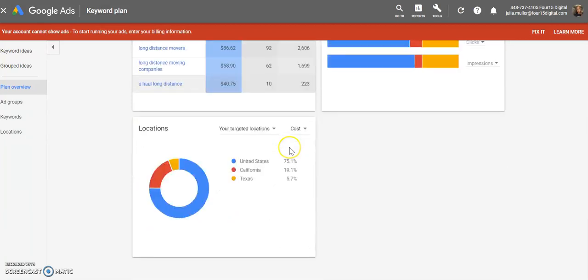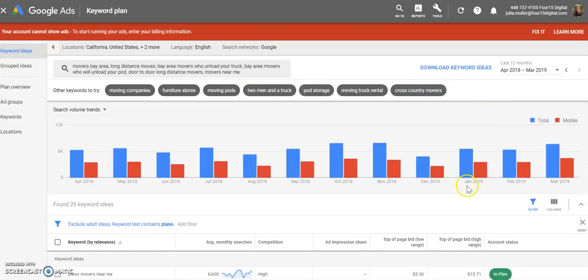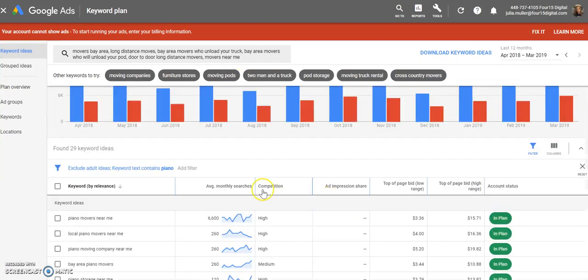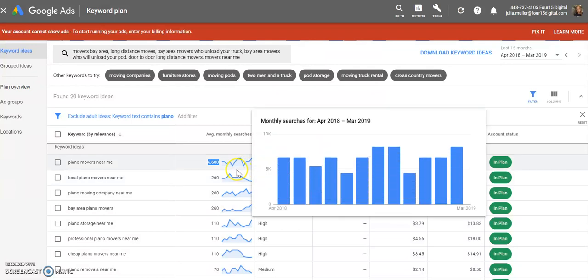This pretty much concludes what the keyword planner is. It's been recently updated. I very much like where this is going. I very much like the precision of the average monthly search. I don't necessarily always rely on specifically 6,600 monthly searches.